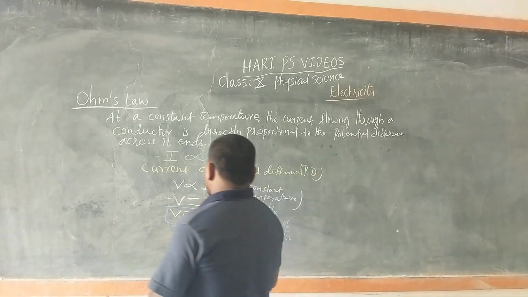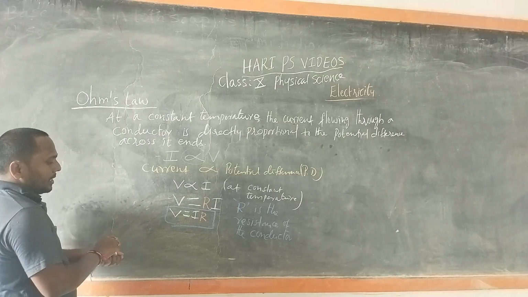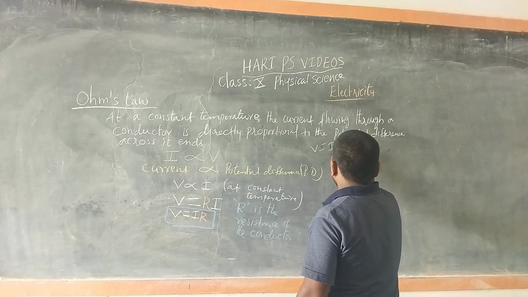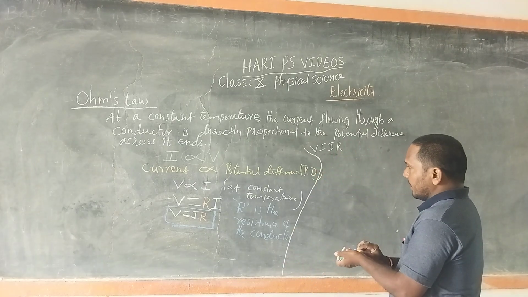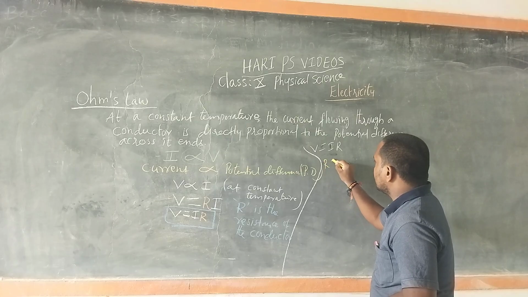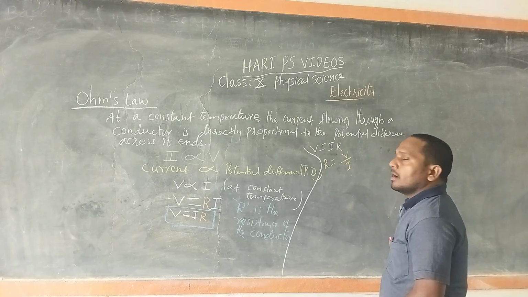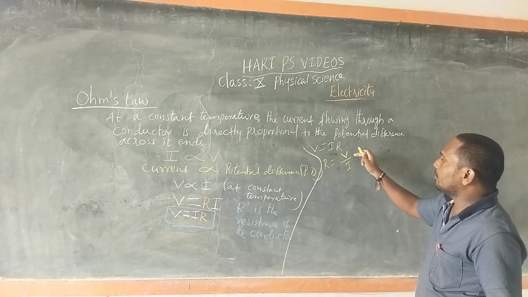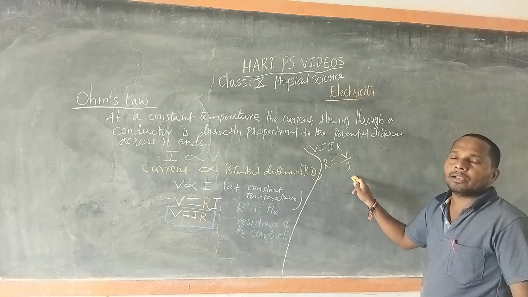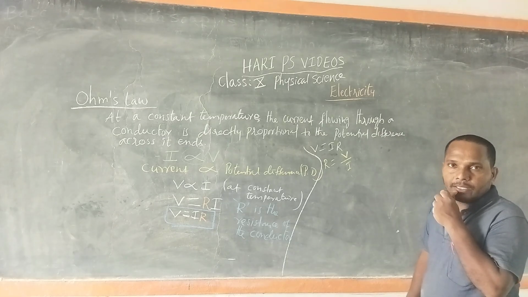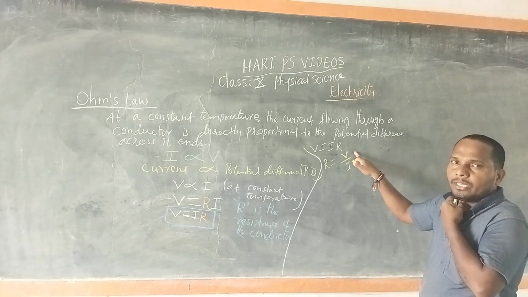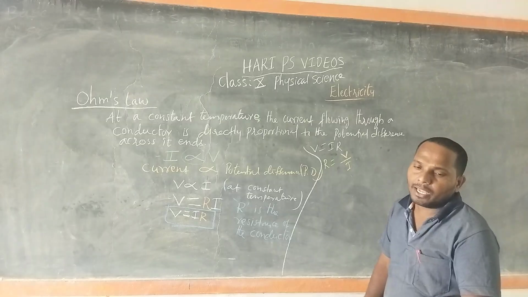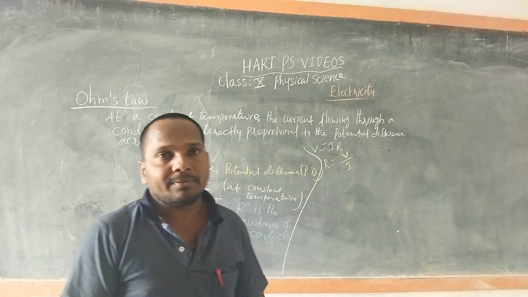From the formula V is equal to IR, we can write R is equal to V by I. Simply, we can say it is the ratio between the potential difference of the conductor and the amount of current passing through the conductor.